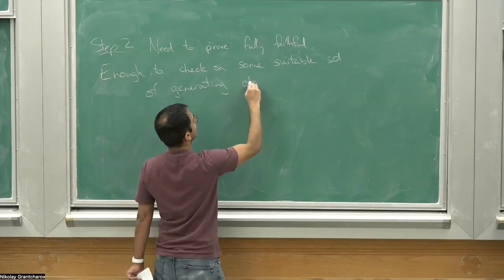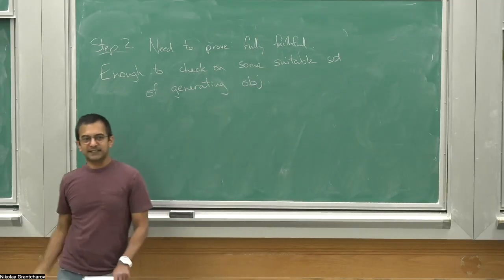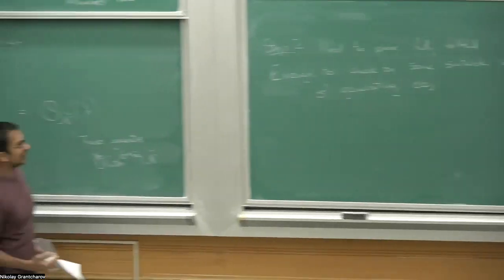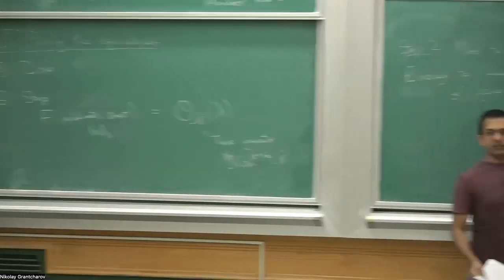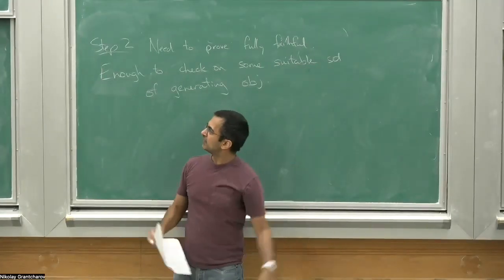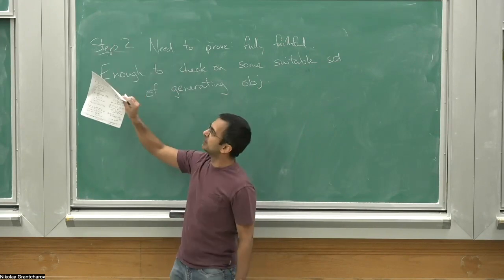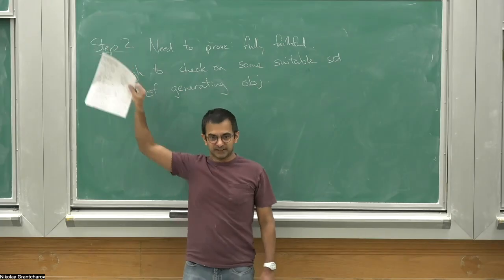Now the problem is that when I say suitable, it should mean that I know how to compute Ext between them on the affine Grassmannian, and I also know how to compute Ext between them after applying F and ending up in coherent sheaves.